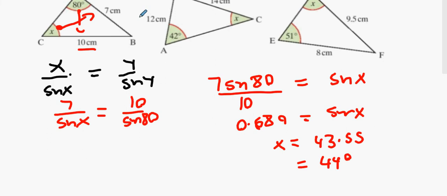And that makes sense as well, because if 80 degrees looks at 10, surely a smaller angle would be looking at 7. So 44 degrees makes sense in the context of the question.